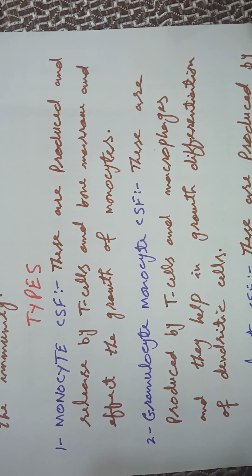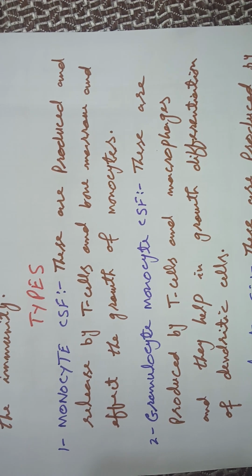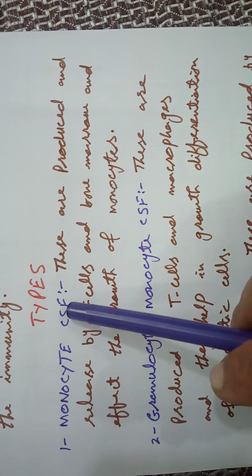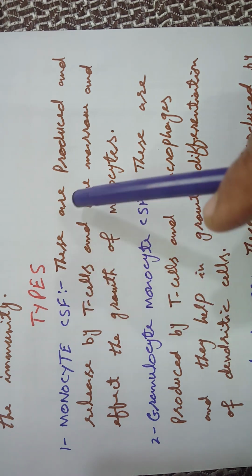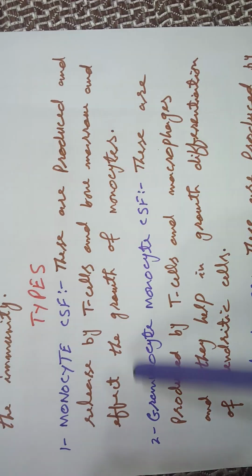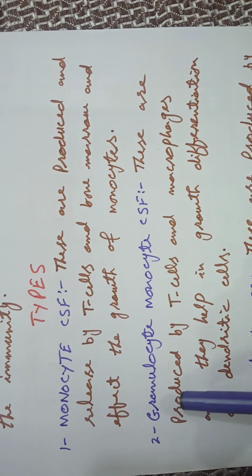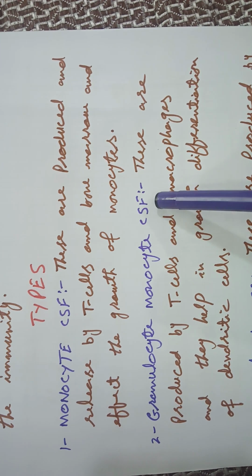Now we discuss the types of colony stimulating factors. There are three types. Number one, monocyte colony stimulating factor. These are produced and released by T cells and bone marrow and affect the growth of monocytes. Number two, granulocyte monocyte colony stimulating factor.